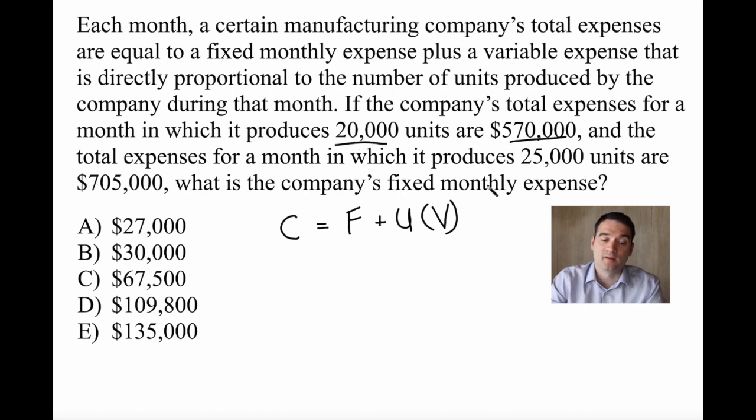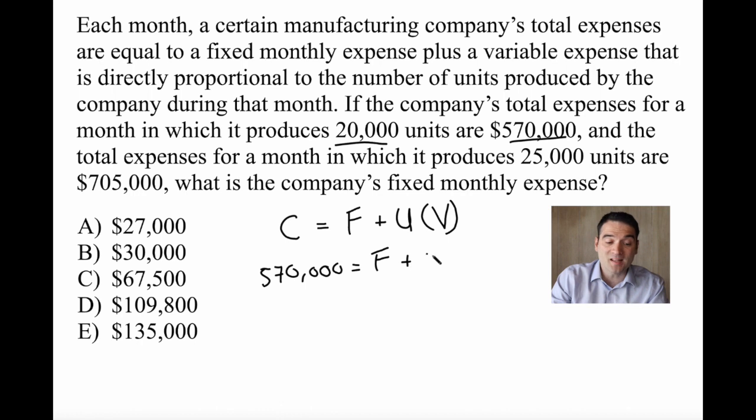Well, we basically have two situations here. We have the first one where we've incurred $570,000 of cost. That's my total cost, $570,000. And that's made up of some fixed cost, I don't know what that is, plus 20,000 times the variable cost. 20,000 is the number of units that I've made in this scenario. So this is the first equation.